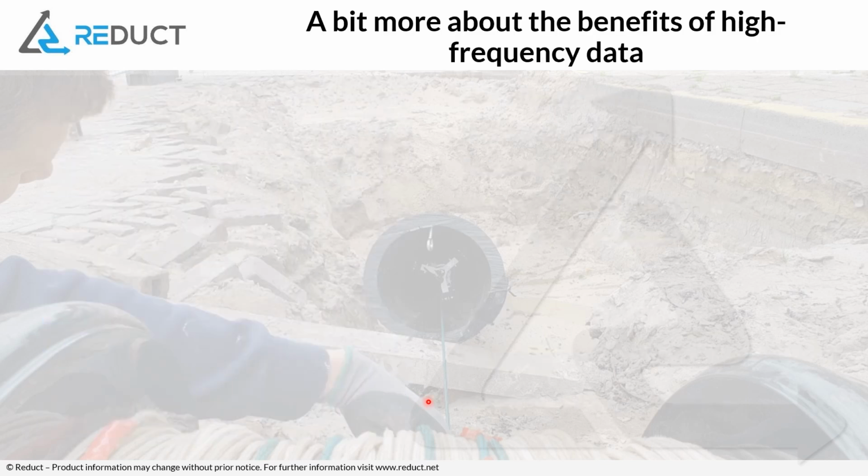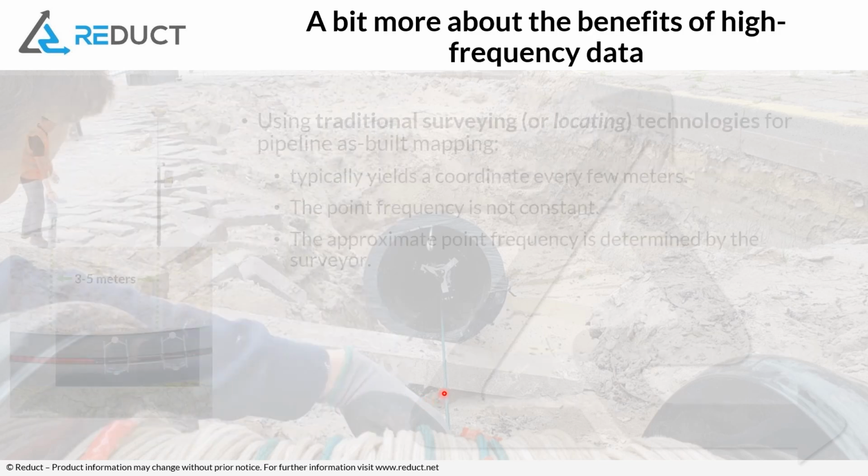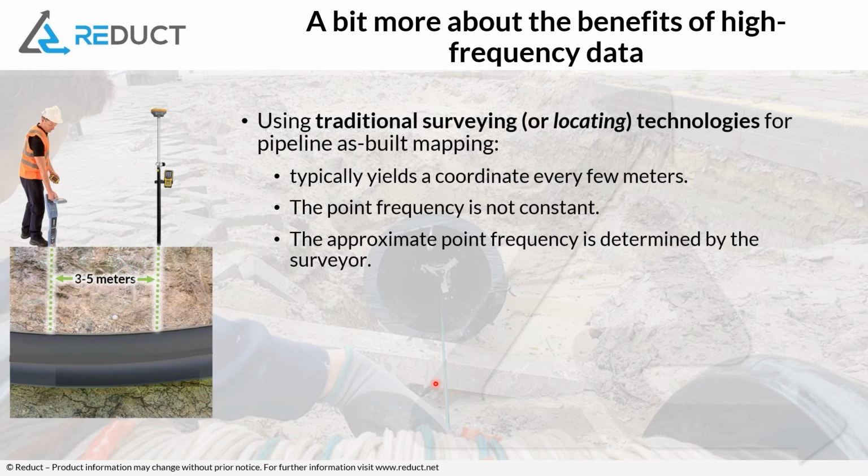So a bit more about high frequency data, as I mentioned. Using traditional surveying or locating technologies typically yields a coordinate every few meters. In this case, we've said 3 to 5 meters. And the point frequency is not constant. It depends a little bit on the contours of the ground above, and how often you can take a point, if there are any blockages that prevent you from physically walking over the pipe.